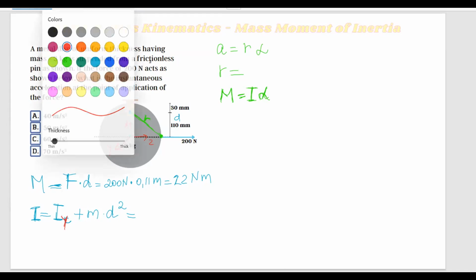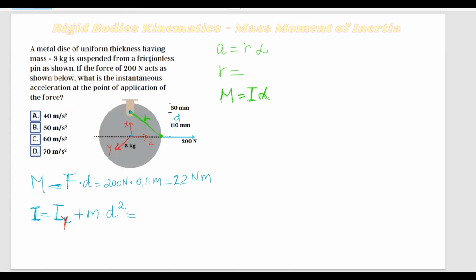So let's write this down. The moment of inertia about the center is 1/2 m r squared, where m is the mass and r is the radius, plus the mass multiplied by the distance squared. The distance from this point about the hinge is 110 millimeters. So I equals 1/2 times the mass, 3 kilograms, multiplied by the radius squared.